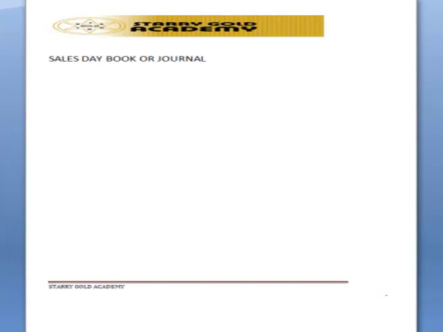So this is a book of original entry in which credit sales are recorded before being posted to the principal book, which is the ledger. In the sales day book, cash transactions must not be recorded. You must take note, we use it for recording credit sales only.